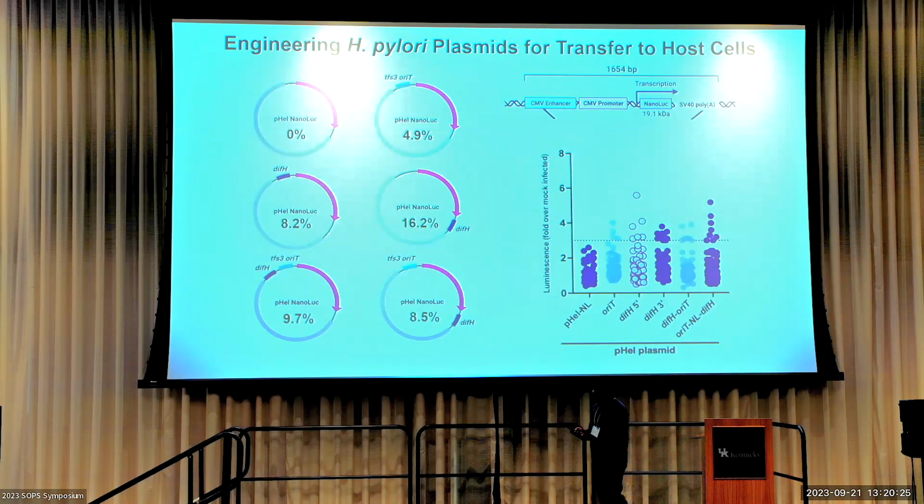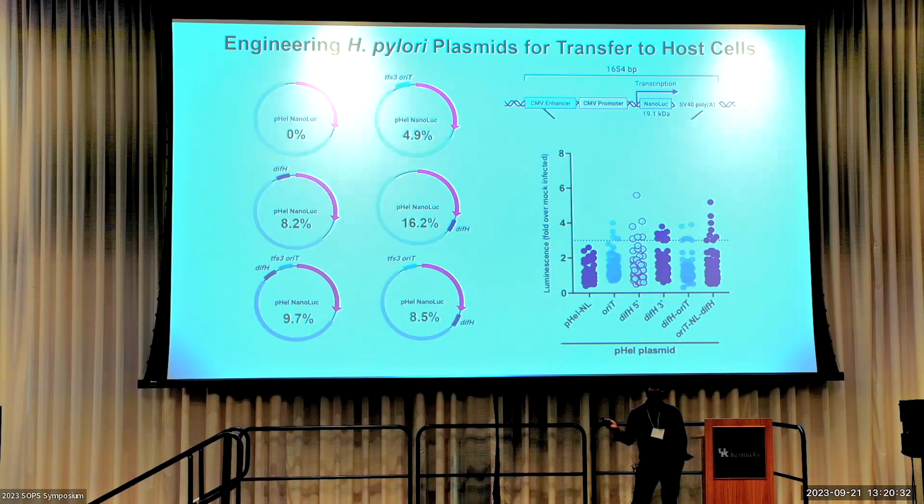Next, certain Helicobacter pylori strains have plasmids, so we were interested in whether this system can also deliver plasmid DNA molecules into the human cells. But surprisingly, when we integrated the same reporter gene into the Helicobacter pylori plasmid, there was no transfer of this plasmid. When we looked at the sequences, there is no recognition sequence for the DNA relaxase or the FtsK protein in these plasmids.